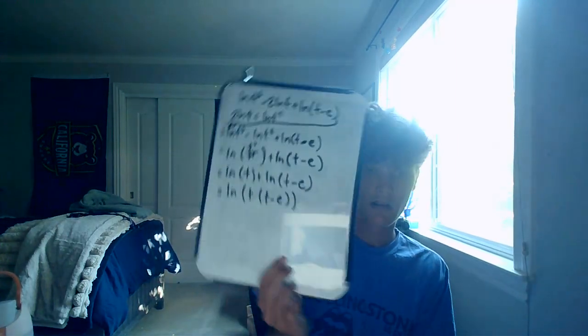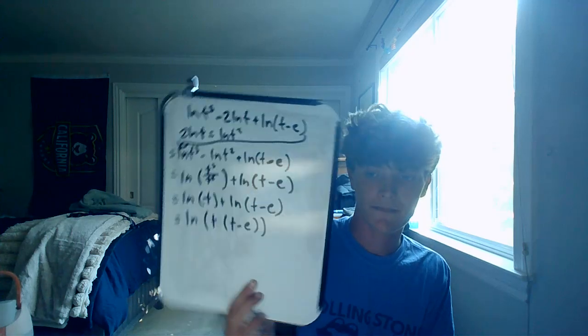And when you add them together, they actually multiply the things on the inside. So that would be natural log of t times t minus e. And there's your answer.